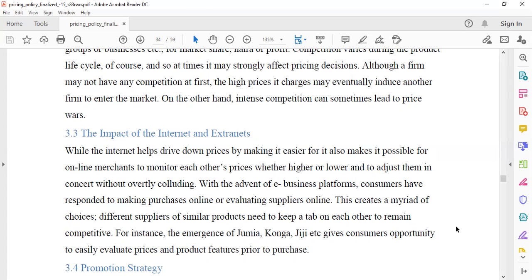And as such, this situation is important for marketers to watch out for and monitor prices so as not to be a standalone.